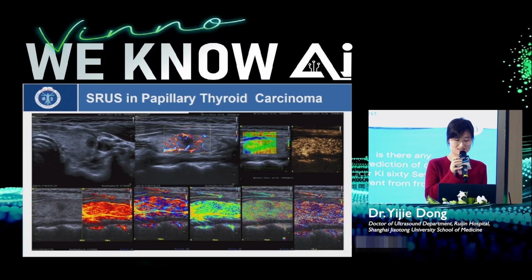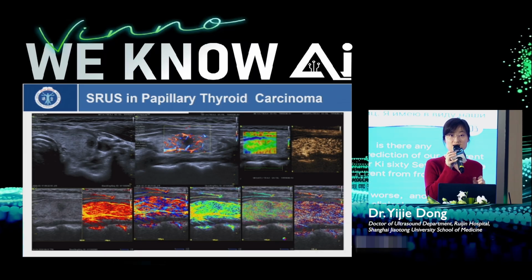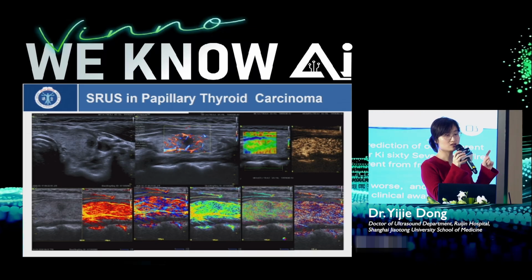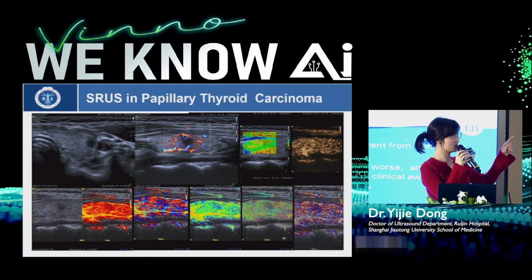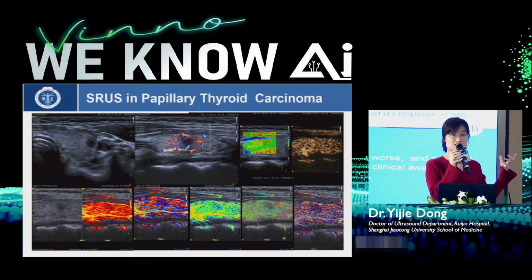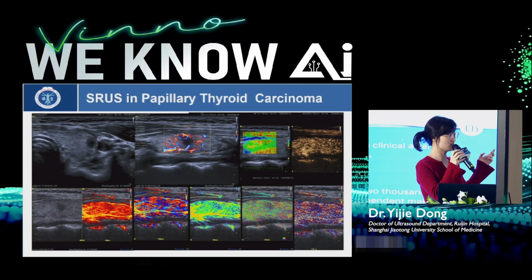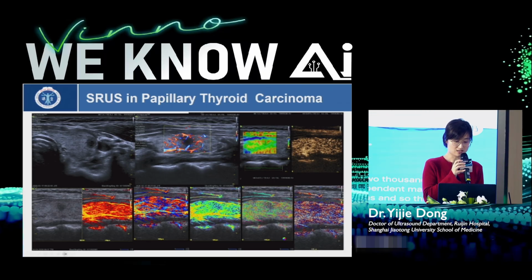So the first is diagnosis. Of course, finally we will use fine needle aspiration cytology to know the real pathology of each tumor. And the first step is to evaluate how the tumor is located in the thyroid gland.